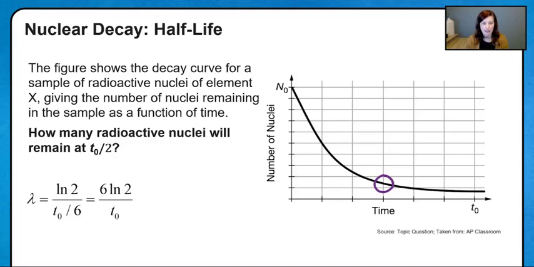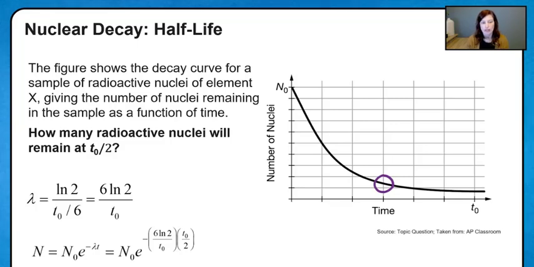Then I'm going to start with my equation that says the number of radioactive nuclei remaining is equal to the initial number of radioactive nuclei times e to the negative decay constant times t. I'm going to substitute in the decay constant, which was 6 natural log of 2 over T0. And t is the time we are looking at, since we're trying to figure out how many radioactive nuclei remain at T0/2.